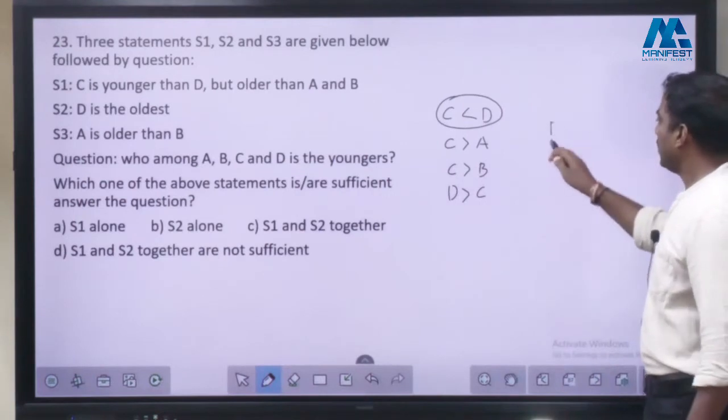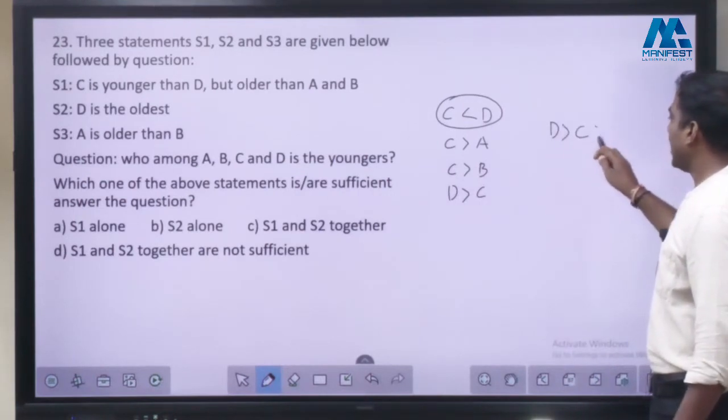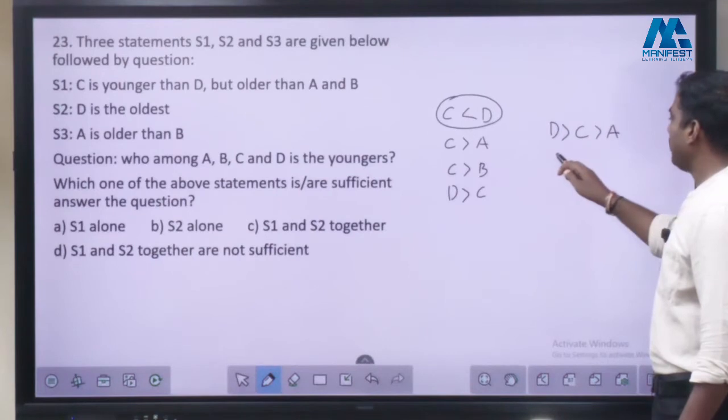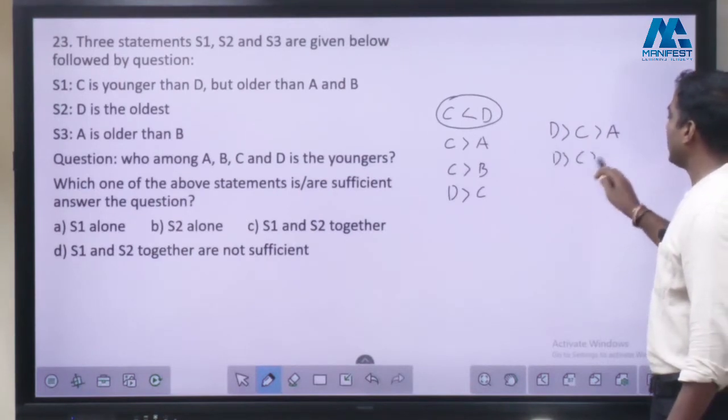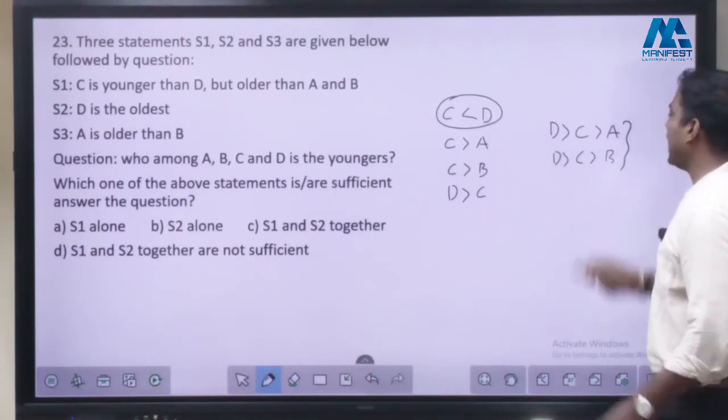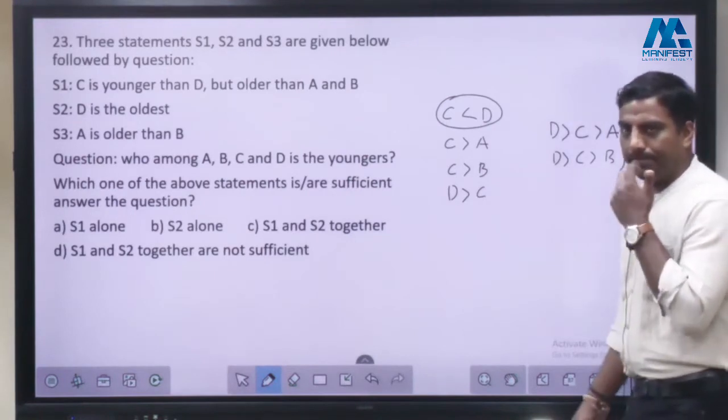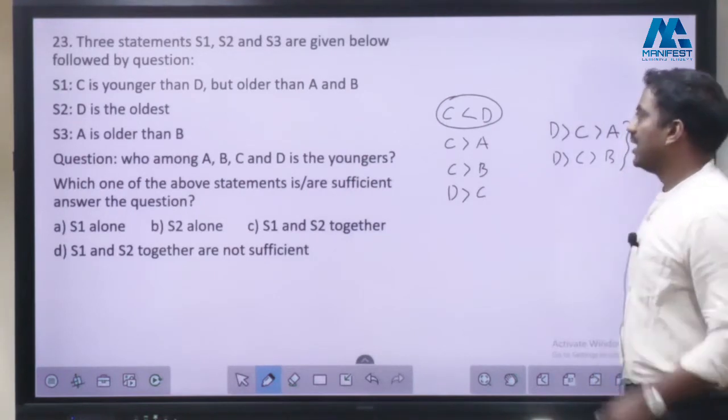So it gives me D is greater than C and it is greater than A. Similarly, D is greater than C, it is greater than B. But between A and B, I don't know the relation.